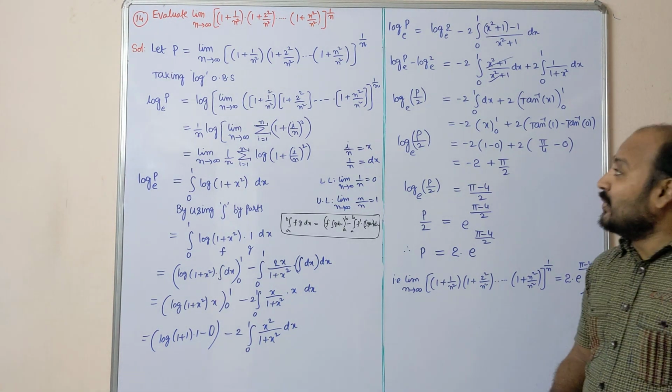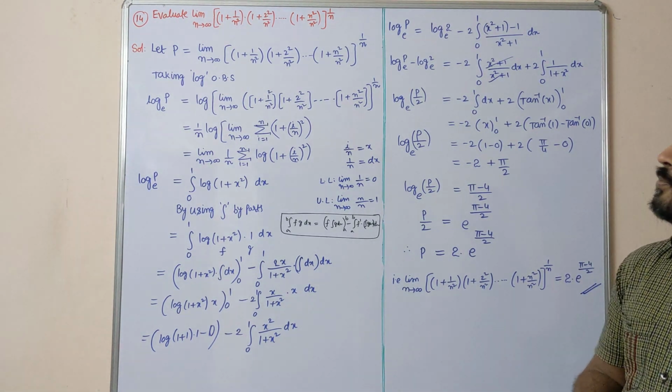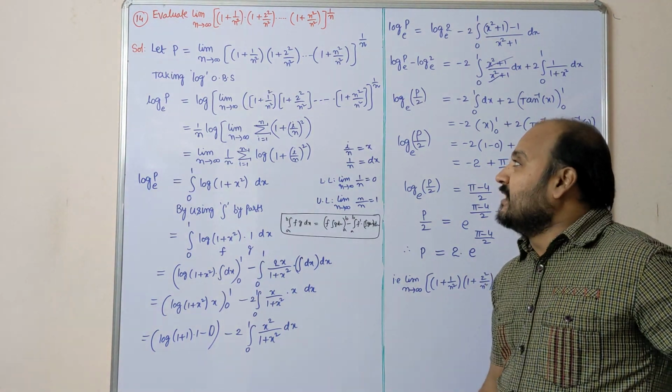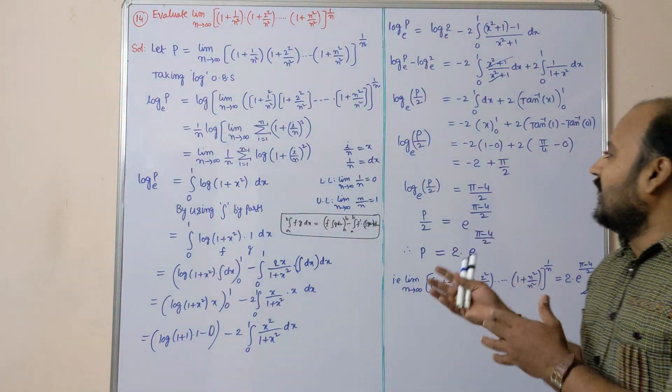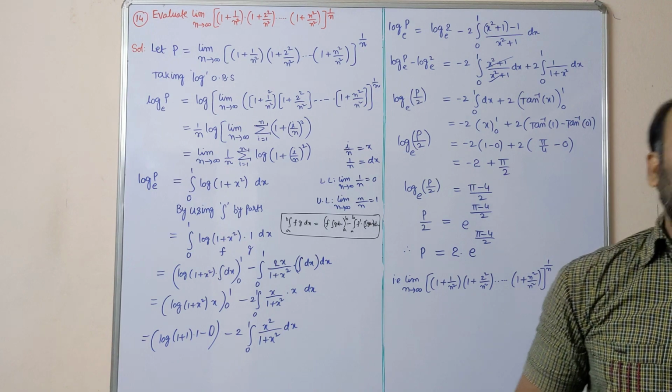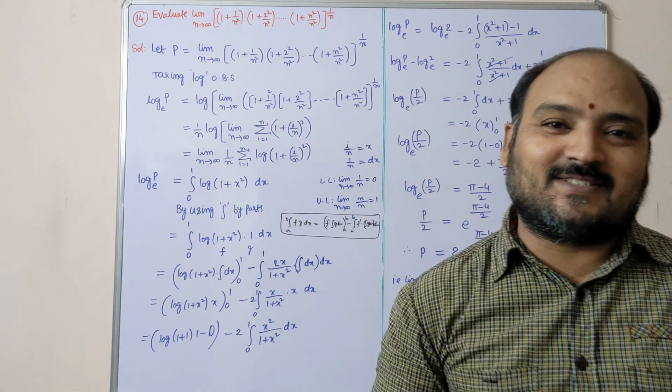This is the way we can do this, students. This is a very important whole power 1 by n type question we may expect in MHT CET mains. Of course it is a little lengthy, but for your understanding purpose I am explaining clearly. We'll move on to the next question and last question in this exercise.